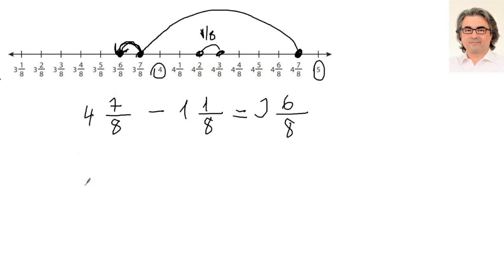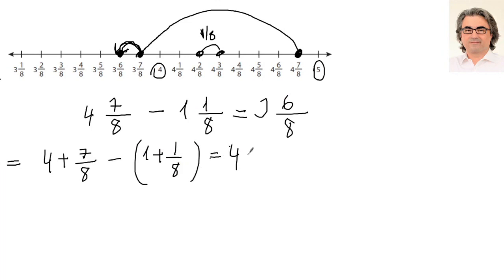Now let's do this operation algebraically. 4 and 7 over 8 is 4 plus 7 over 8, minus 1 and 1 over 8, which is 1 plus 1 over 8. So 4 plus 7 over 8 minus 1 minus 1 over 8.